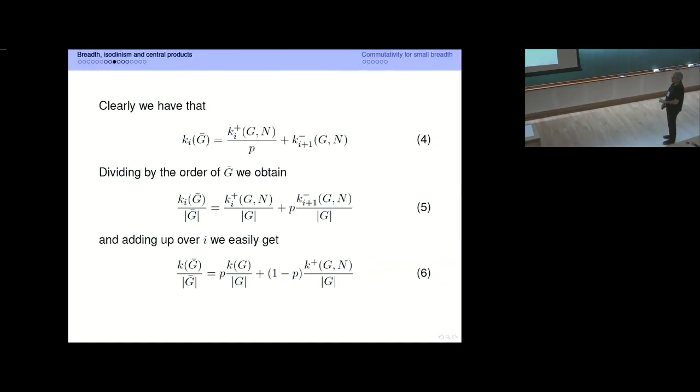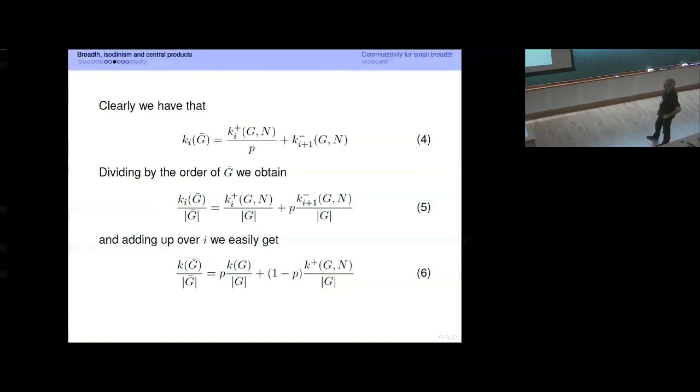So if you want to compute the number of conjugacy classes of breadth i of G bar, the factor group, well, you have to divide by P the number of invariant conjugacy classes, because P of them will make one conjugacy class of the factor group. And you have just to take the number of collapsing conjugacy classes. And if you divide by the order of G, you get that expression.